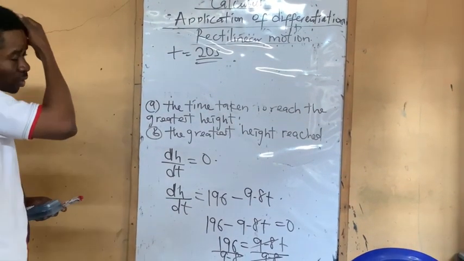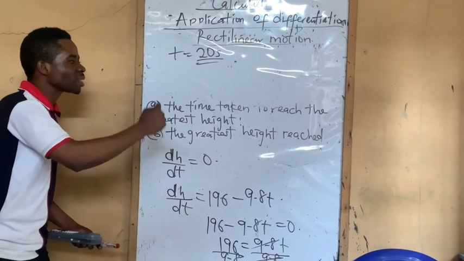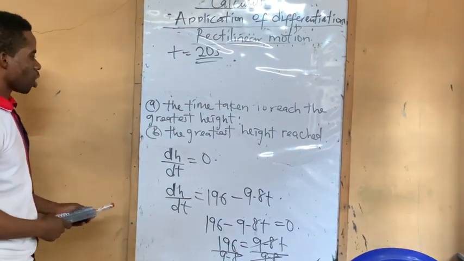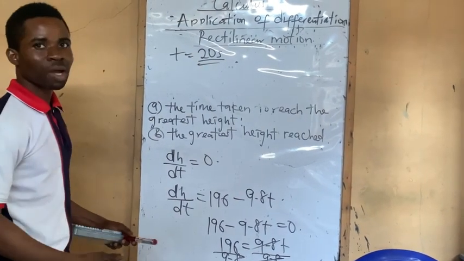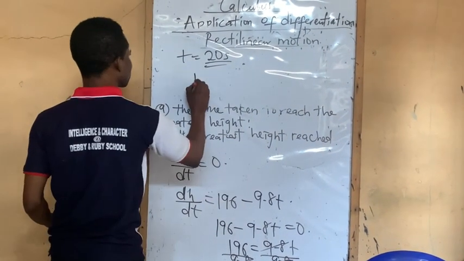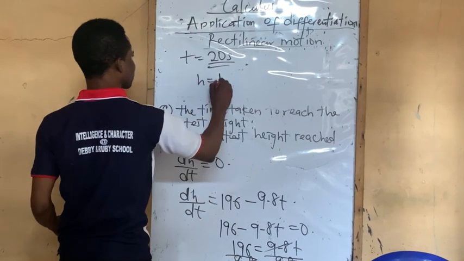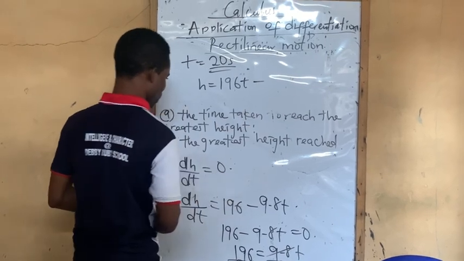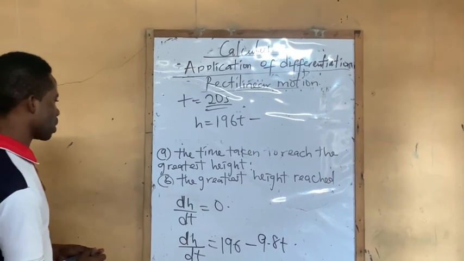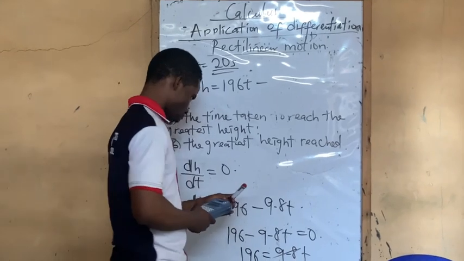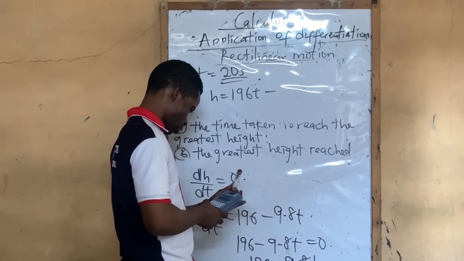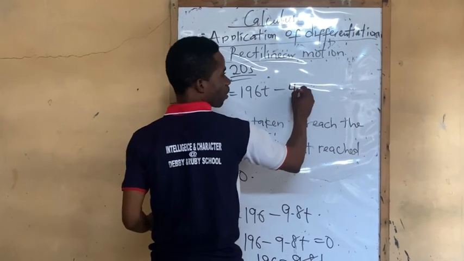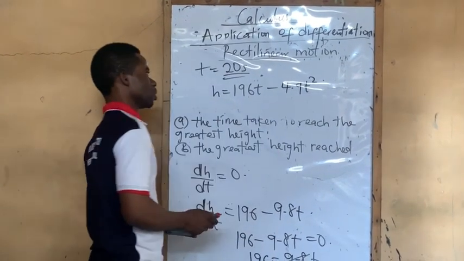Now, part B says the greatest height reached. Already, we are given the height: h equals 196t minus 4.9t squared.